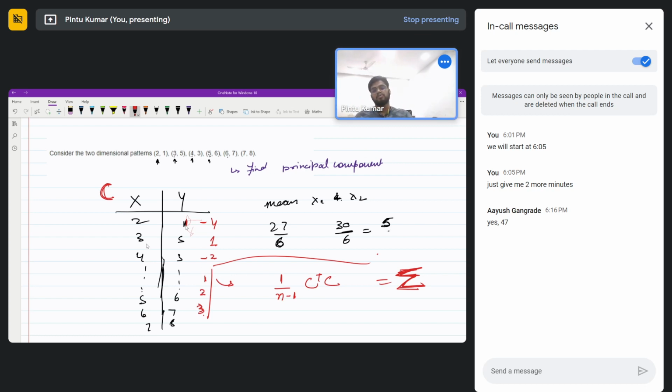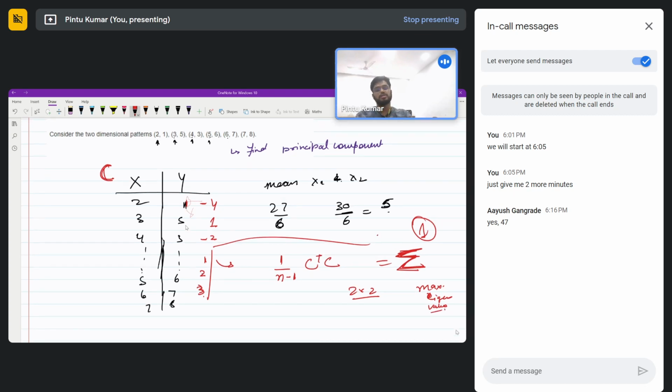In this case, you will get a 2 cross 2 matrix. If you want to reduce it to one dimension, you pick the maximum eigenvalue, and then you can take the dot product to obtain its map, the way we did in the previous question.